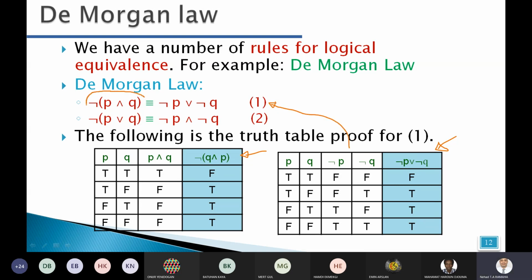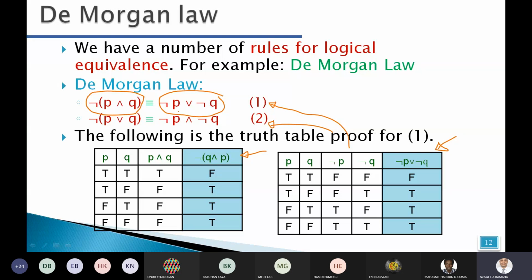Then we proved that this compound proposition is logically equivalent to this compound proposition. Then we proved De Morgan's law using a truth table. Same way you can prove the second law.